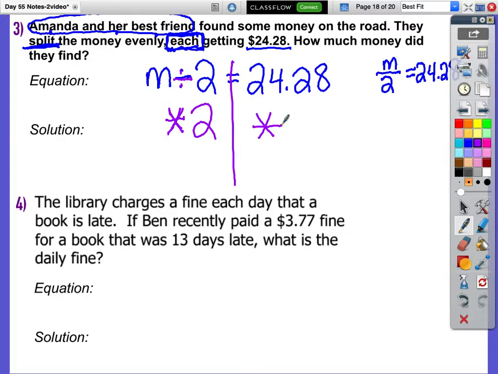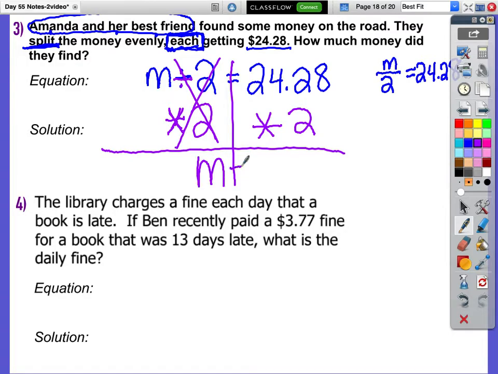All right, whatever we did to our left side, we do the exact same thing to our right side. That lets us cross out our 2's because these are inverses of each other. So you're left with M equals 24.28 times 2, which gives us 48.56.